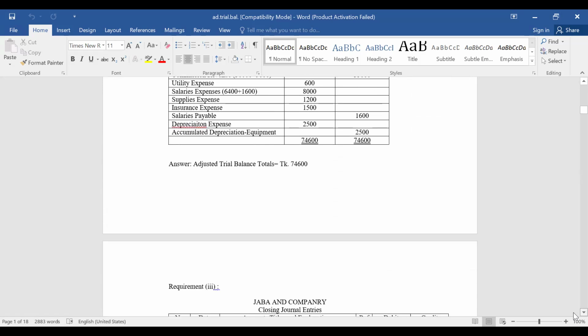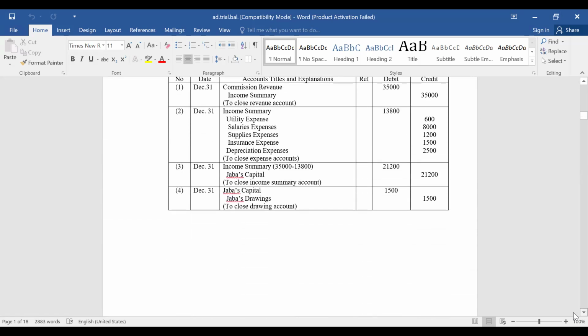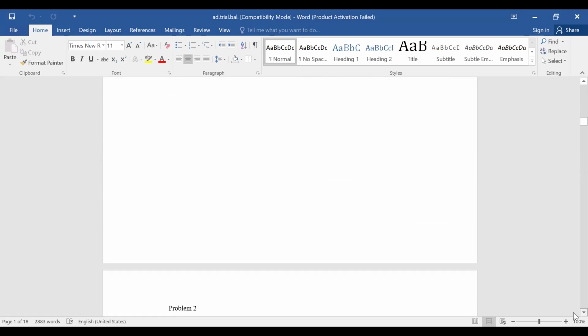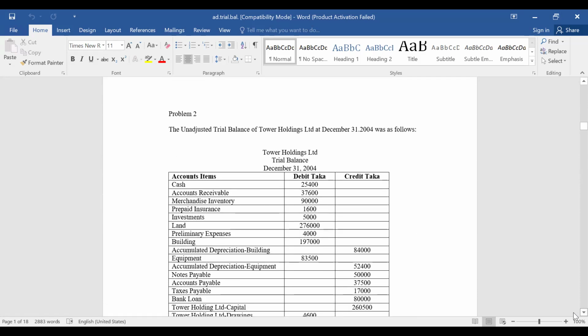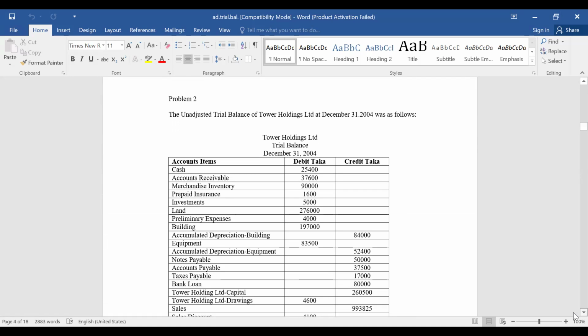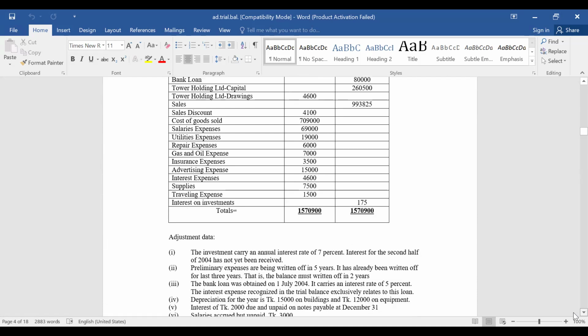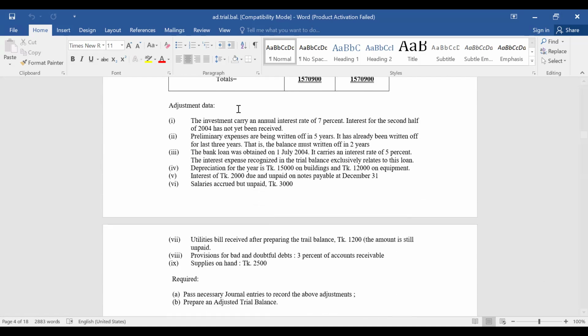Try to see the adjusting entries here, because time is very limited. No need for adjusted trial balance. You just try to learn how we do the adjusting journal.